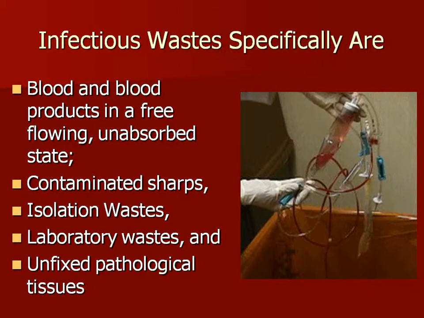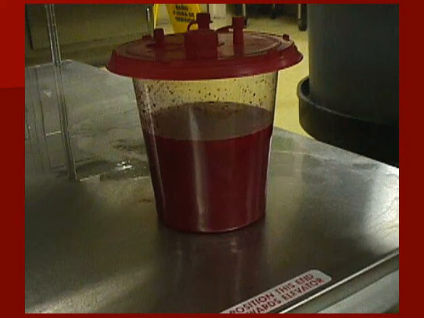So mainly blood and blood products, and loads of other waste, we produce, and we work in a highly tense environment, so injuries are common. Laboratory waste and unfixed pathological tissues also come in, because you take a pathological piece and only use a part of it to see under the microscope, then dispose of the rest.